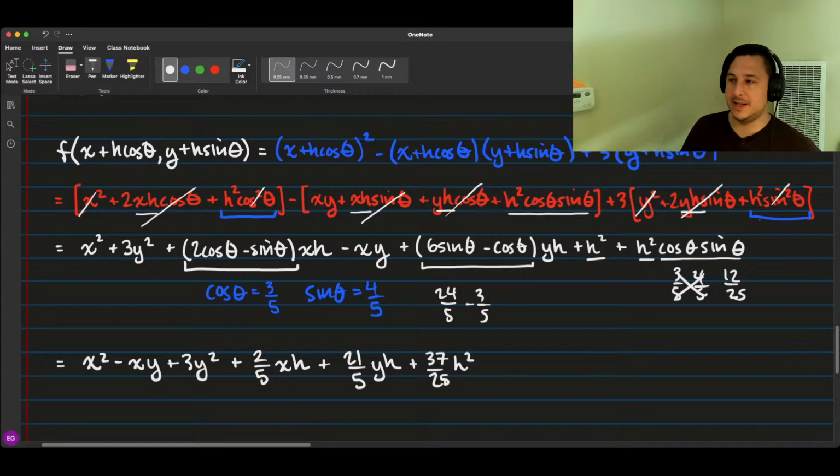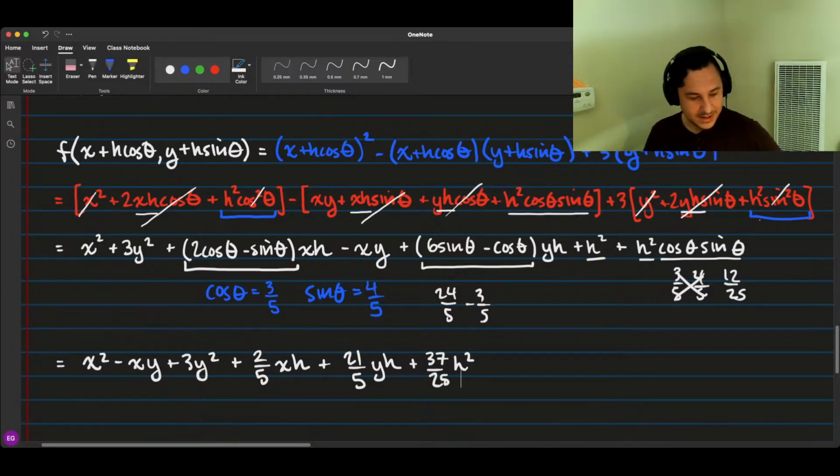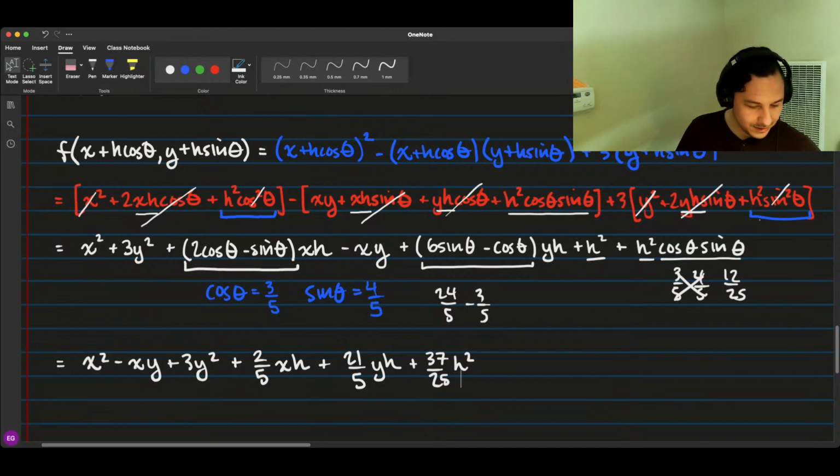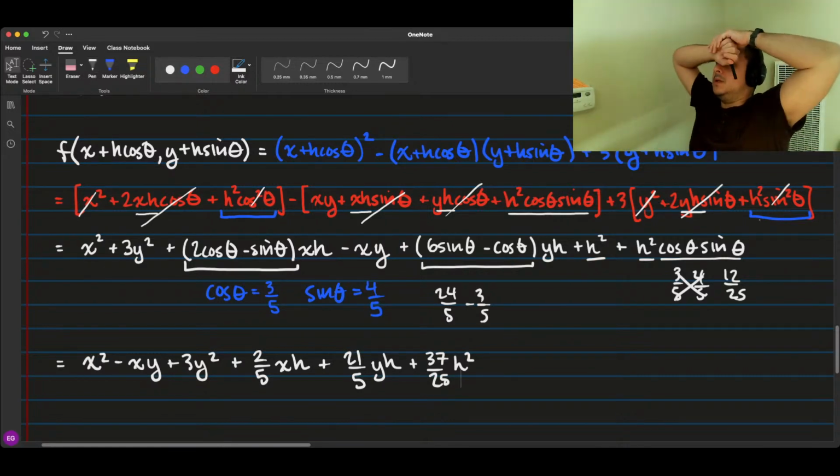Okay, I think I did the arithmetic right. I'm not sure though. Okay, that's matching. That's matching. I seem to have messed up the 37/25 though. Supposedly I'm supposed to get 9/5 there. What did I mess up?